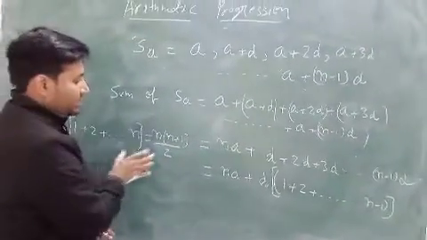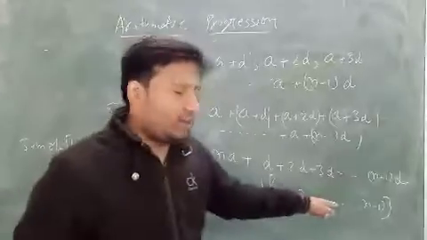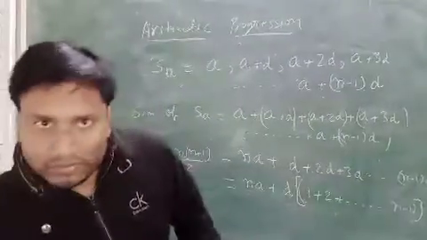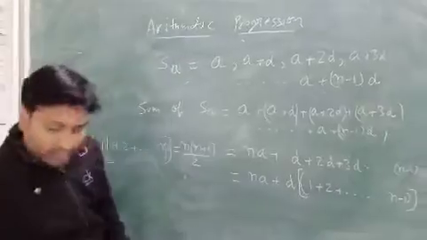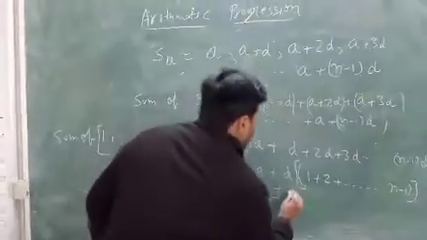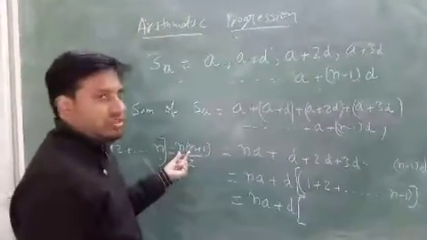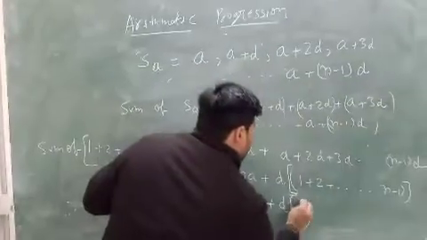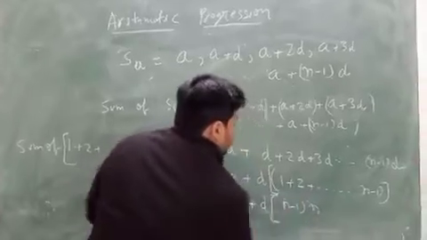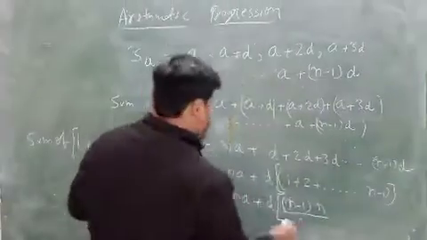In this series, put n minus 1 instead of n. So we get n a plus d into (n minus 1) into n, divided by 2.